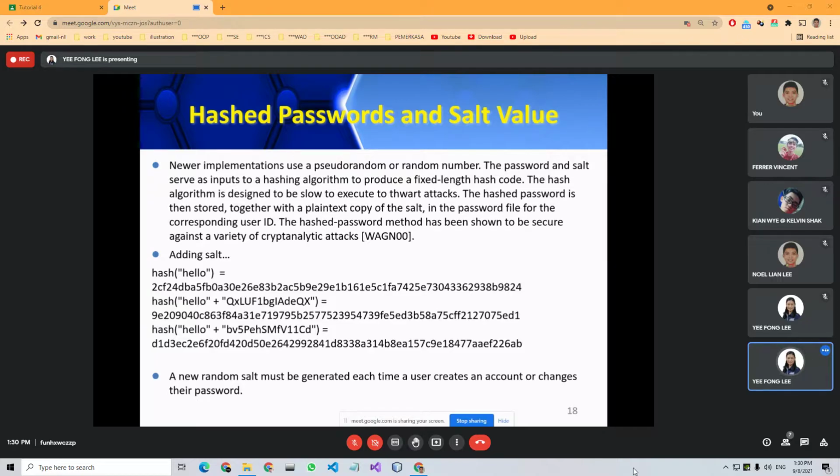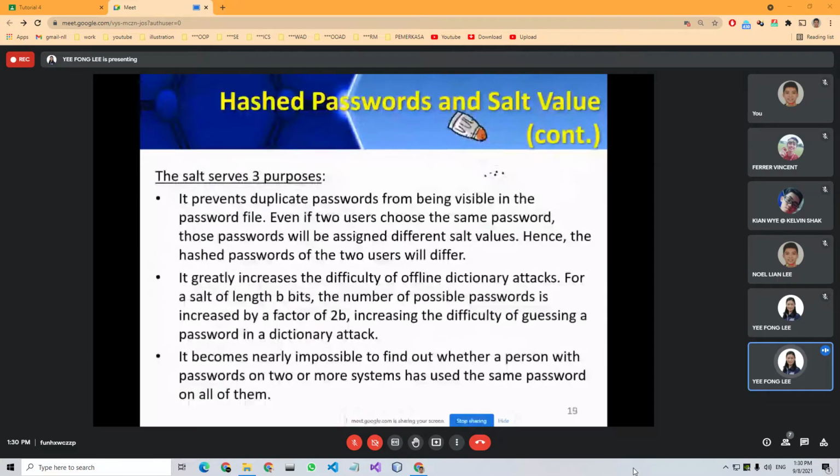So what is this about? The three purposes as I listed. Okay, I give you 1 minute. You go through the three purposes.